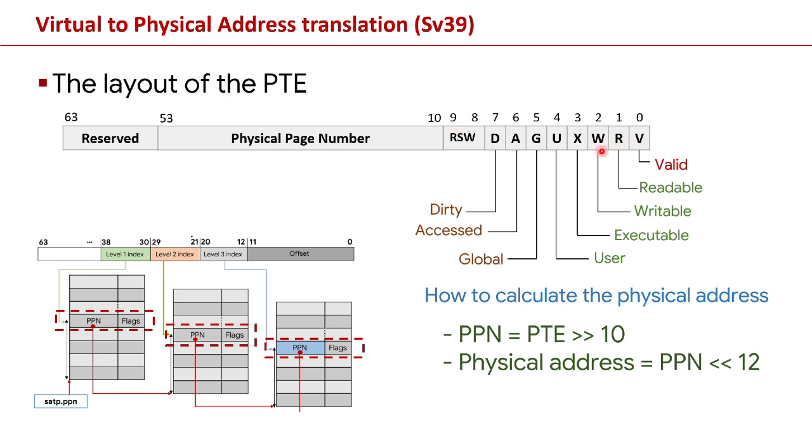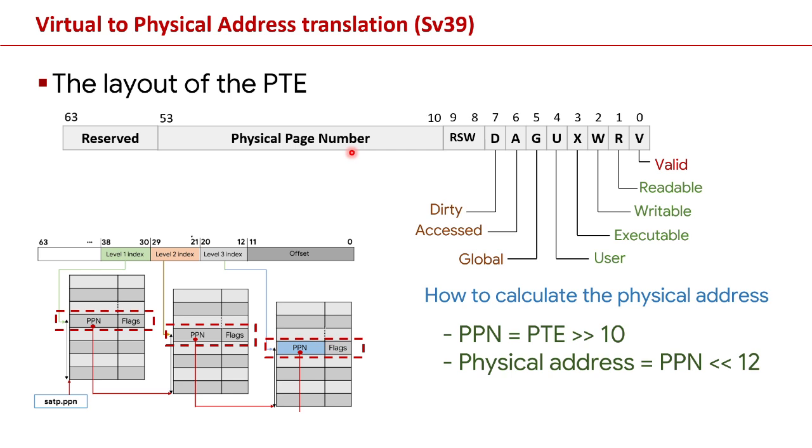So we have read, write, X, those kinds of page table flag information to check whether the virtual address is valid or not. And there's another part of the page table entry that is the physical page number.